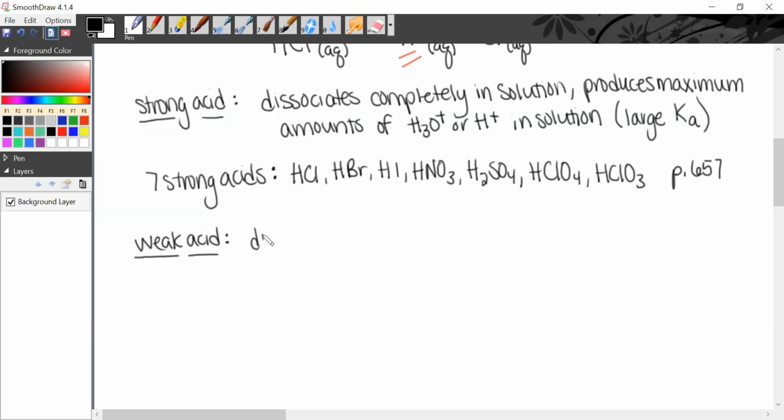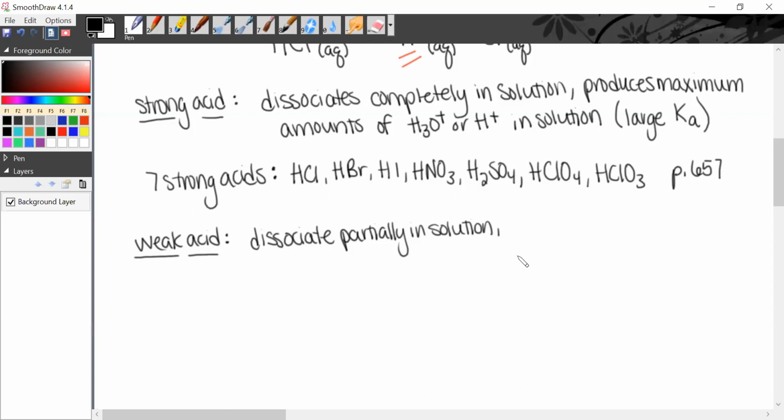So we say that weak acids dissociate partially in solution. Again, these are only in the presence of water. It's not that they can't be solids or liquids, it's more that we measure their behavior in water.